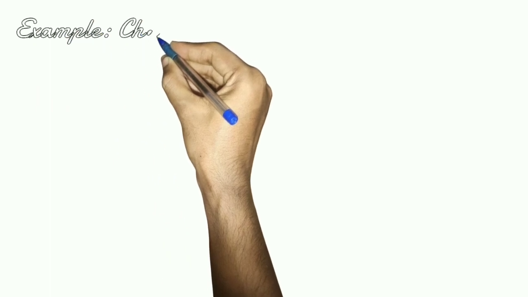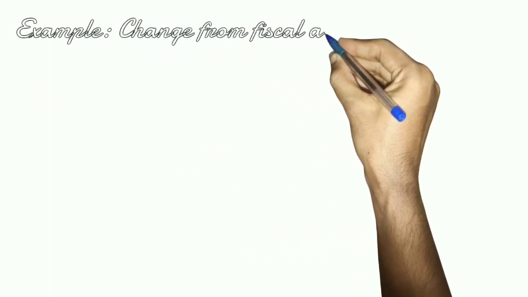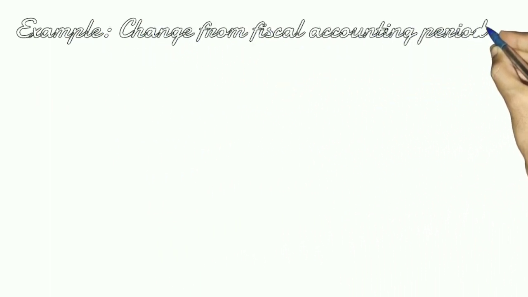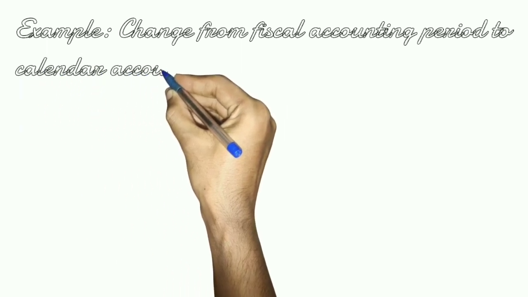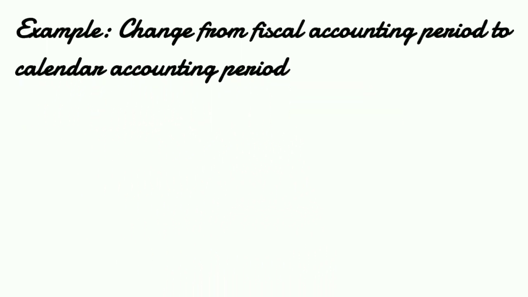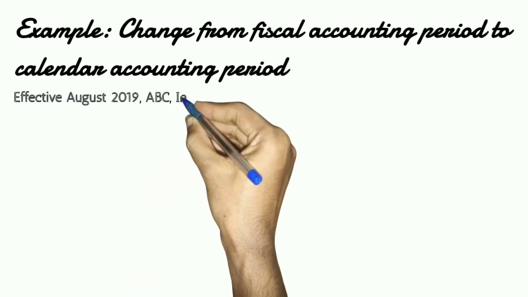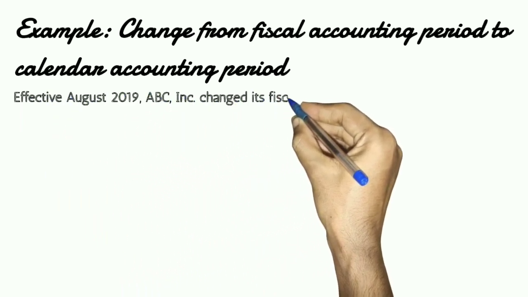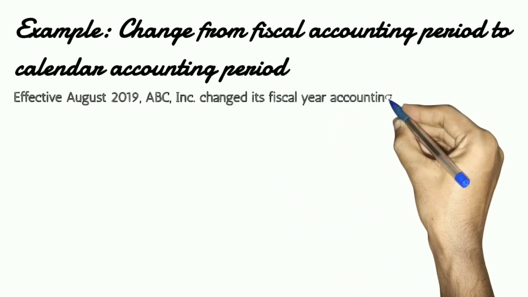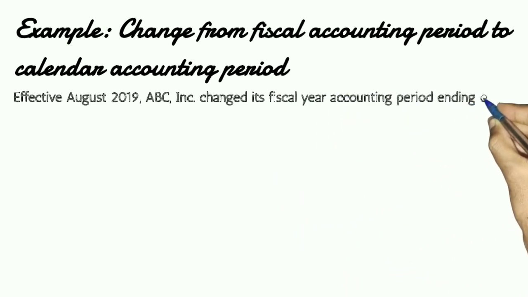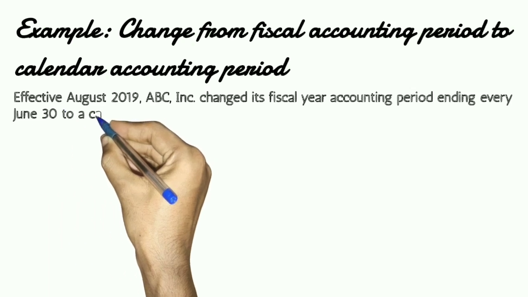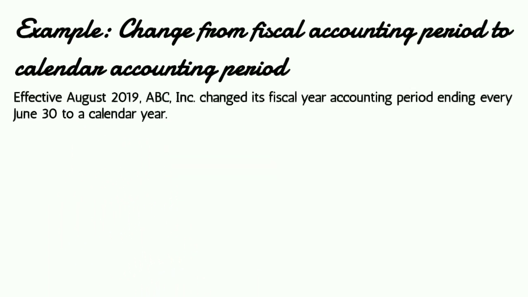Example number 2. Change from fiscal accounting period to calendar accounting period. Effective August 2019, ABC Incorporated changed its fiscal year accounting period ending every June 30 to the calendar year. Unahin nating alamin yung start of the previous accounting period.